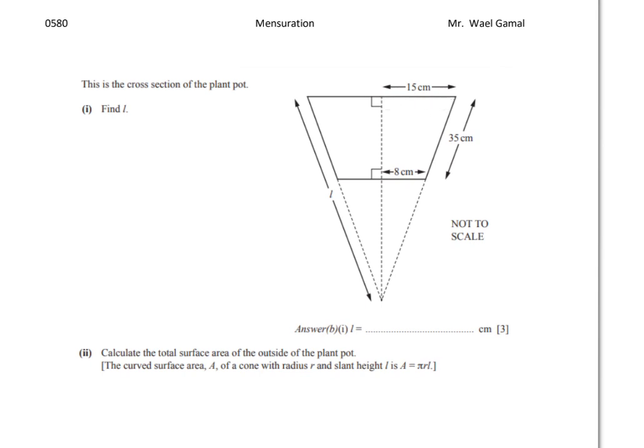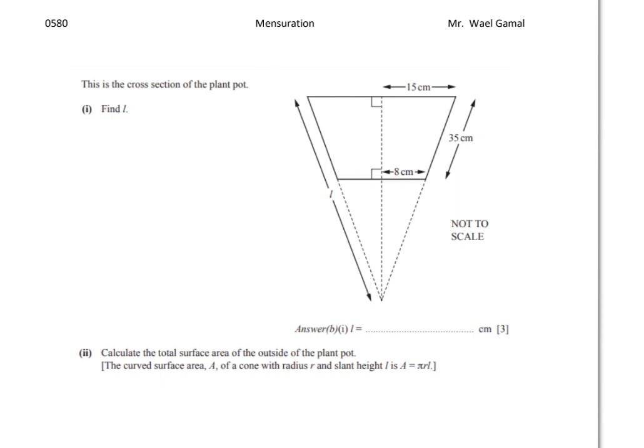Radius 15 here, radius 8, and the slant height for the plant pot is 35, and the slant height for the larger cone is L. We need to find L. To find L, we have the radius 15. If we can find the perpendicular height, then we can get L.